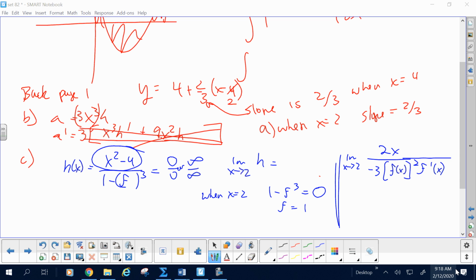Without that there's still no f prime. How are you going to do this problem? You've got to use the chain rule. This is 4. They tell you the limit is 4. It's continuous, so it's got to be equal to h at 2, which is 4. Well, the top is 4. You know this part is 1. Solve that for f prime. It should be something like negative 1/3.